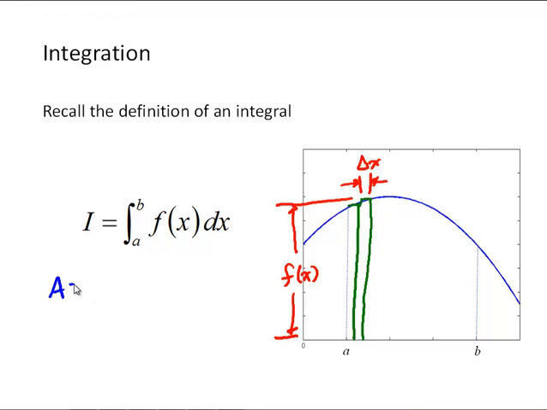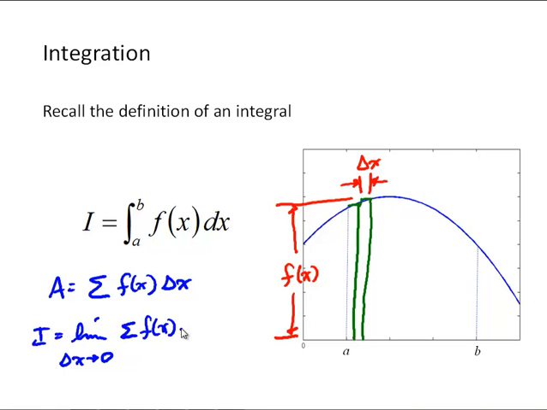The total area was the Riemann sum of the f of x's times the delta x's, and then you took the limit as delta x approached 0 of that sum, and that's what gives rise to the integral. I is the integral from a to b of f of x dx.